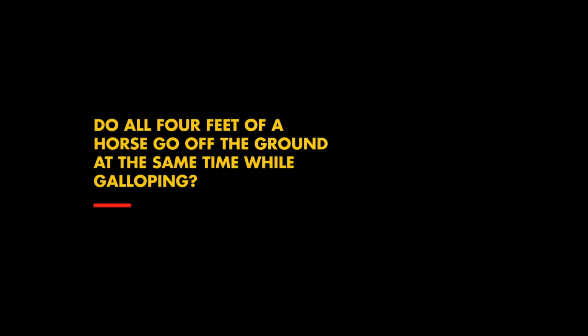He wasn't so sure, and others were not so sure either, if the horse, once it runs, is the horse always with the 4 feet or at least one of the 4 feet on the ground? And this was something that was really hard to tell at the time. It's not something that the eye could really capture because it's super fast, and our eyes don't have that capability. And so how could they prove that?